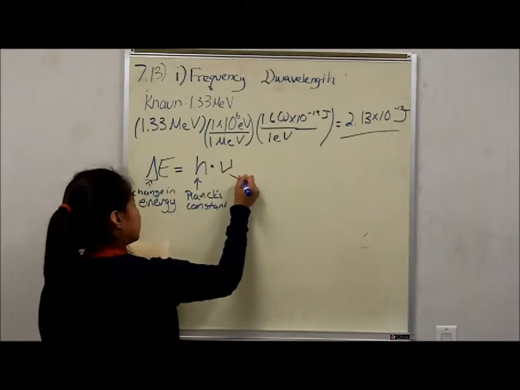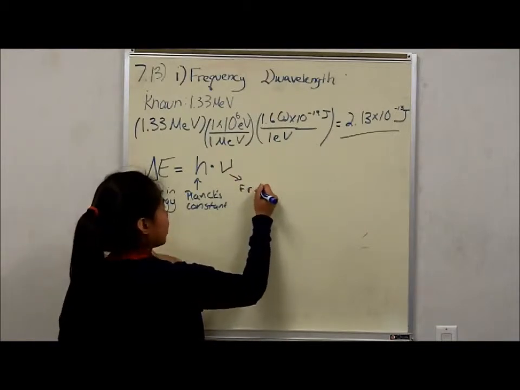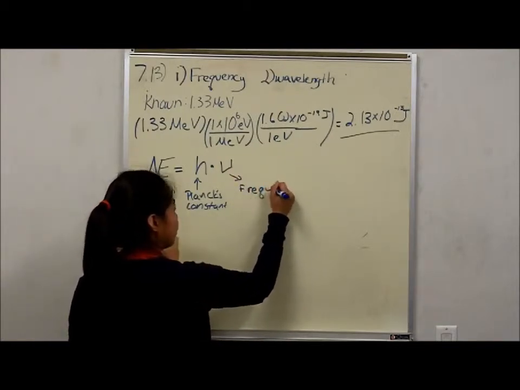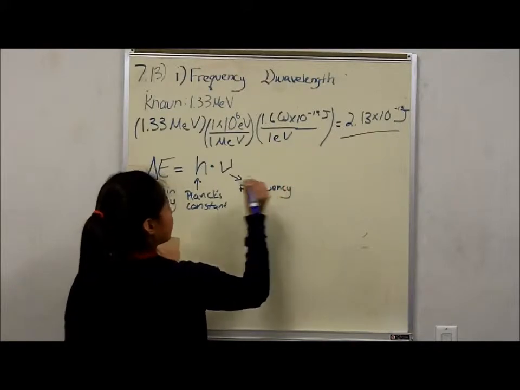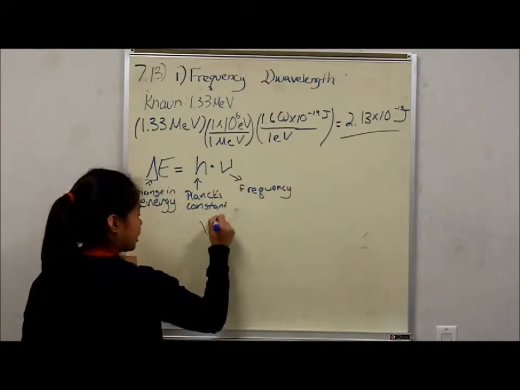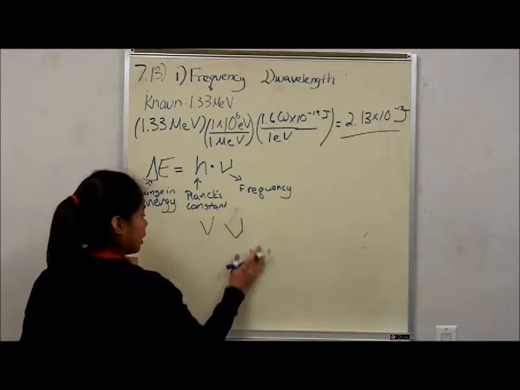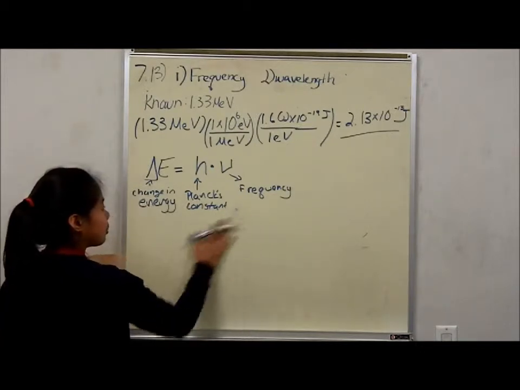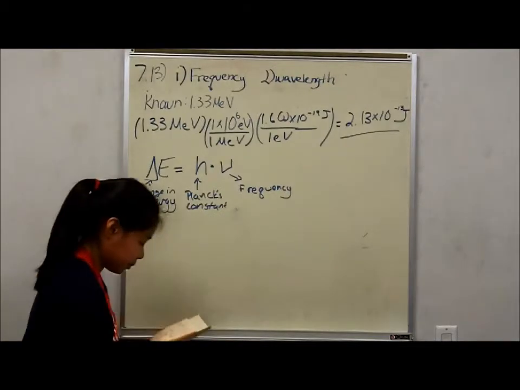And nu is essentially the frequency. It kind of looks like a V, but don't confuse the two. A nu has a nick in the lettering. So just remember that a nu is frequency.